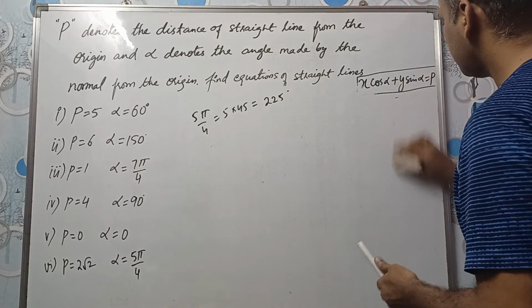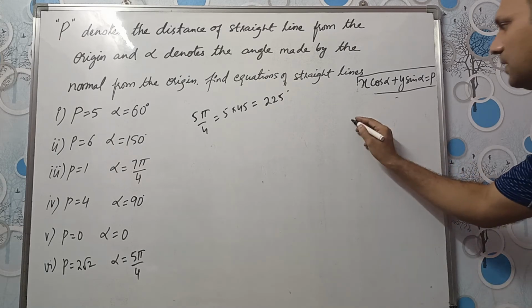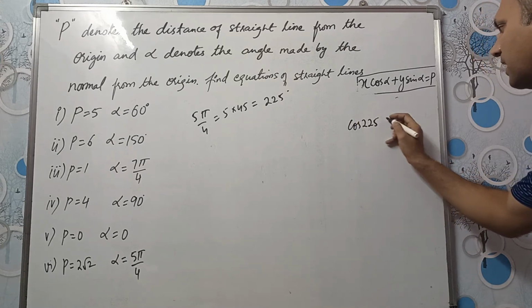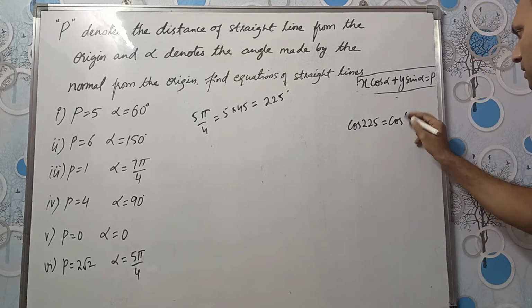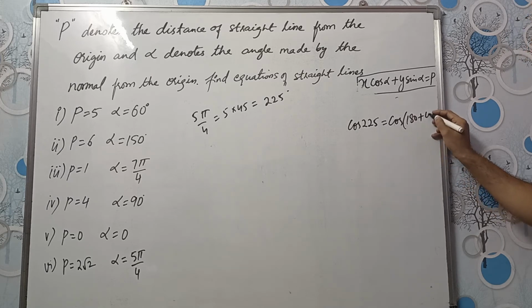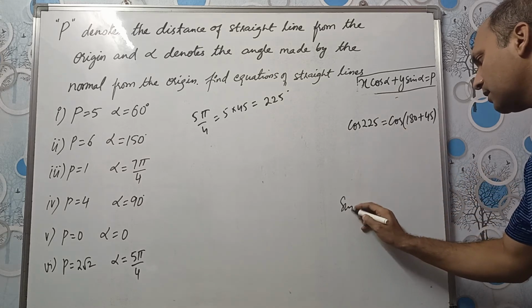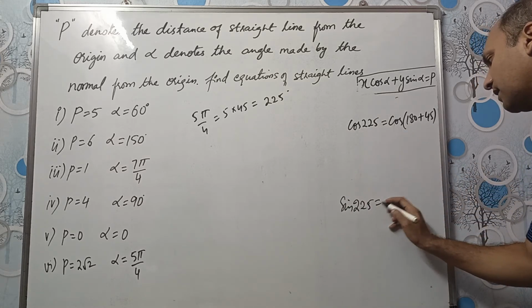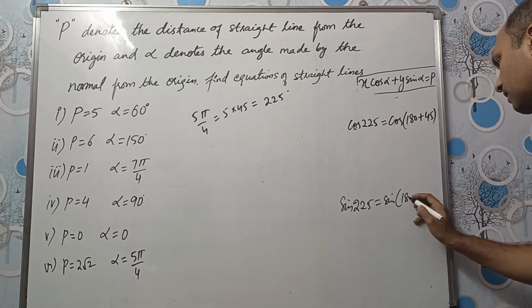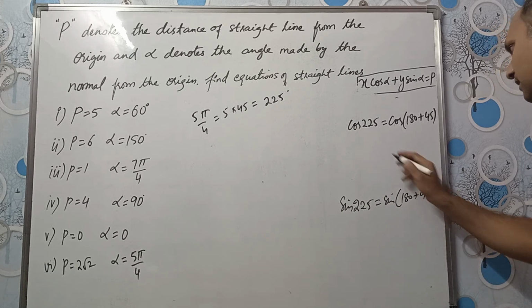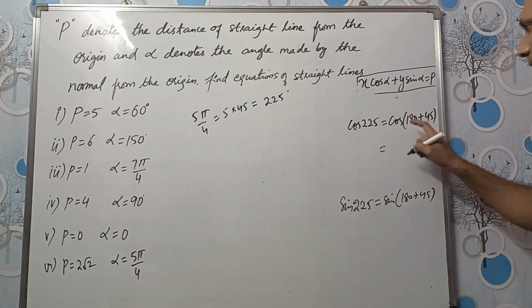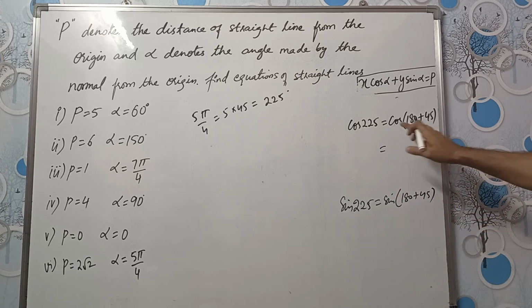Alright. Now, cos 225 is cos of 180 plus 45, and sin 225 is sin of 180 plus 45. With 180, the ratio will not change.